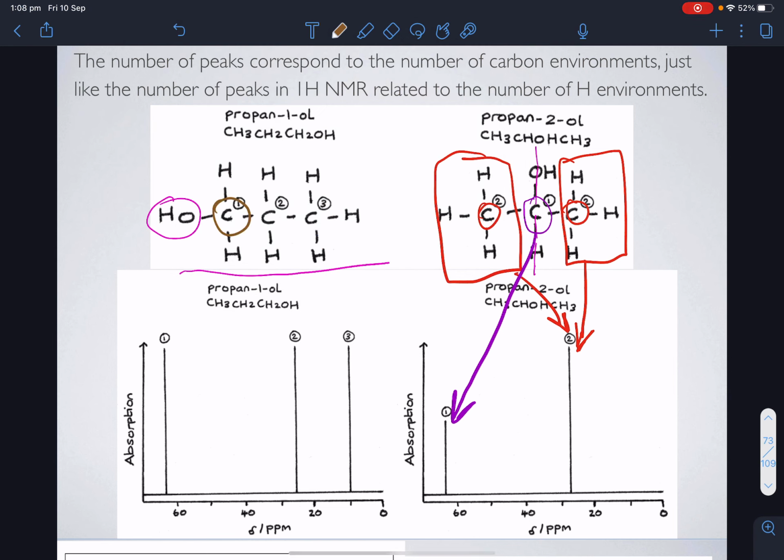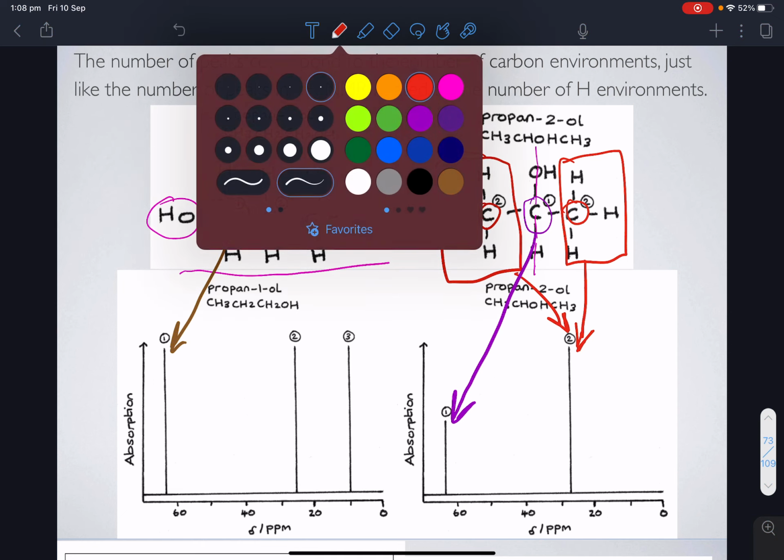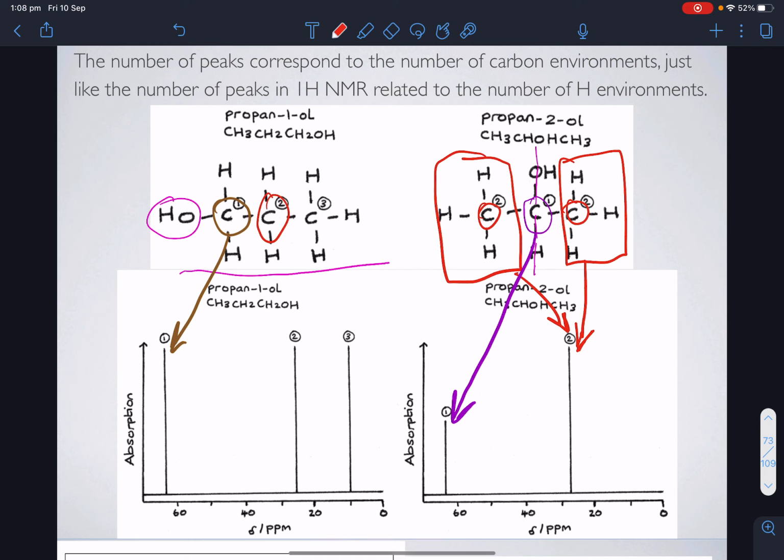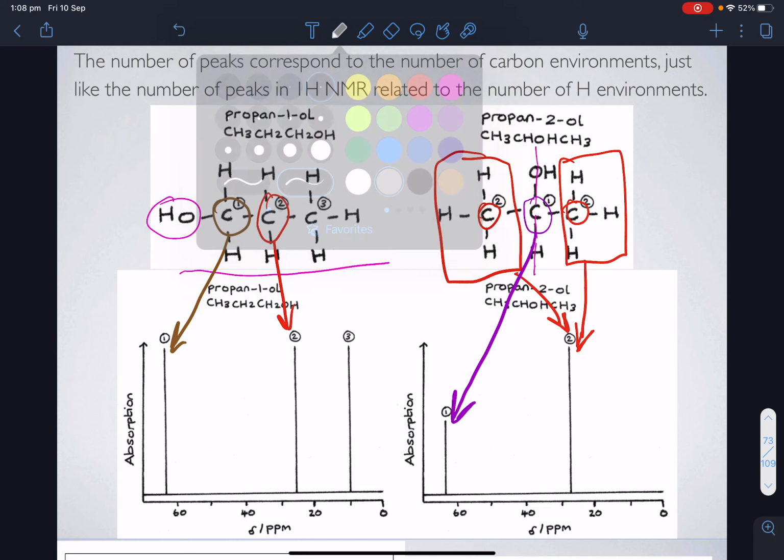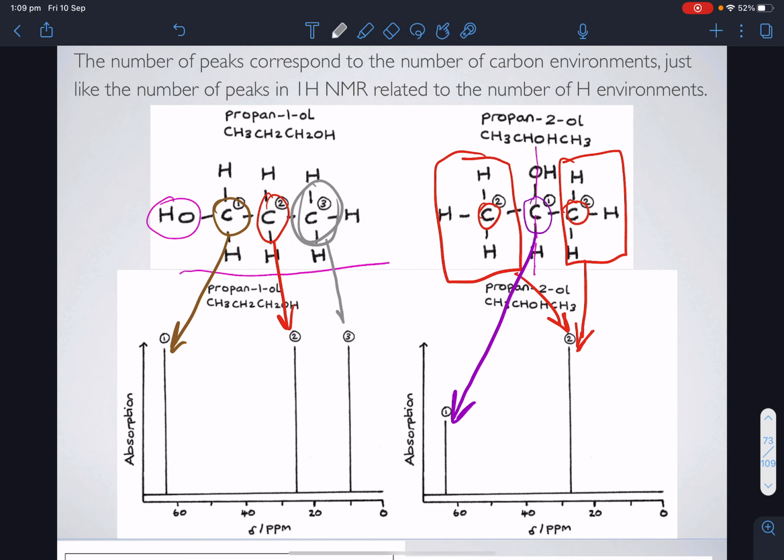This carbon here is closest to the oxygen, so it's that one peak there, okay? And this second carbon is not quite as far downfield. And lastly, in grey, this third one's the furthest away from the oxygen, the more electronegative atom, so it's the furthest upfield, the closest to 0.